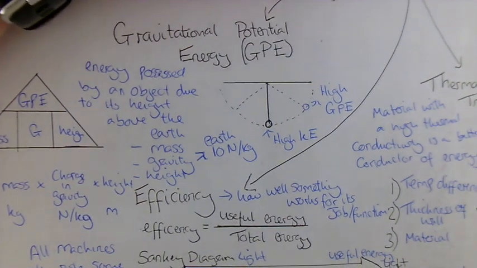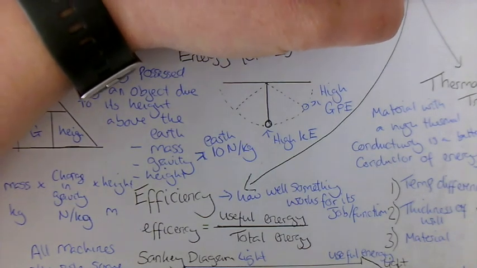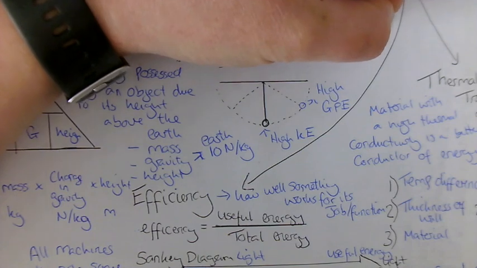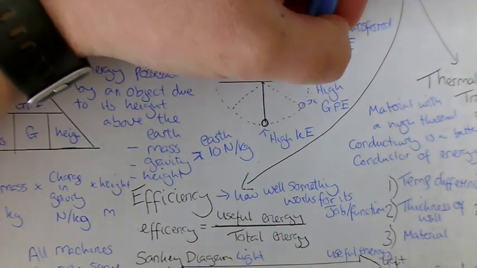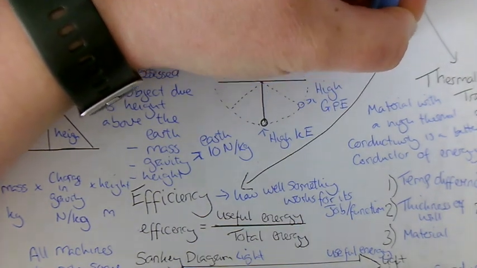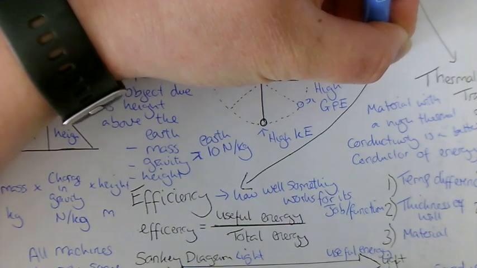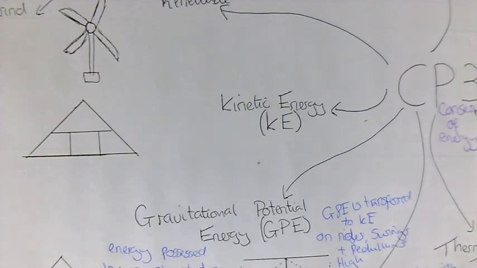So GPE is transferred to KE on rides, swings, and pendulums.